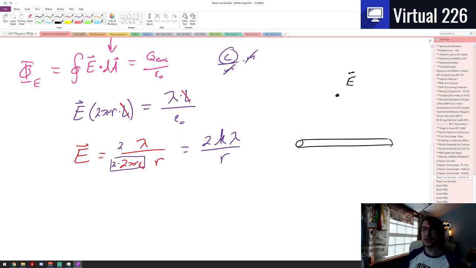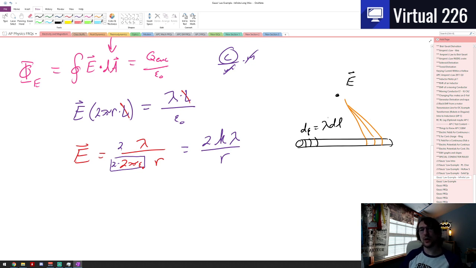You could take the tiny dq positions, which are some lambda dl. But when you do that, each tiny position you take has a different r value. These r values change throughout. And the only easy way to do that is with trigonometric substitution.